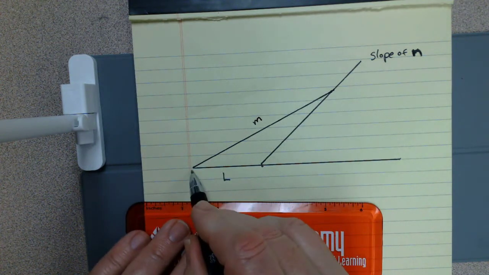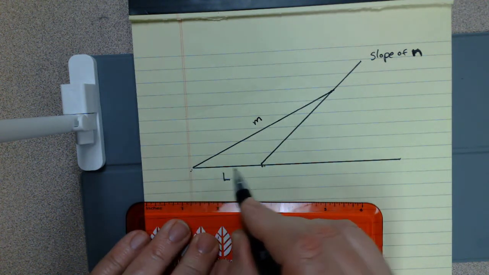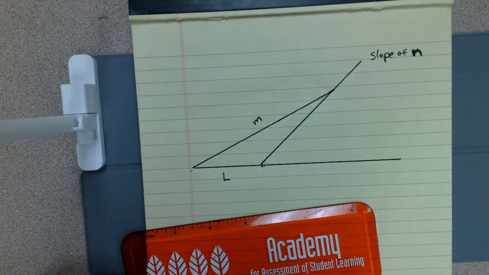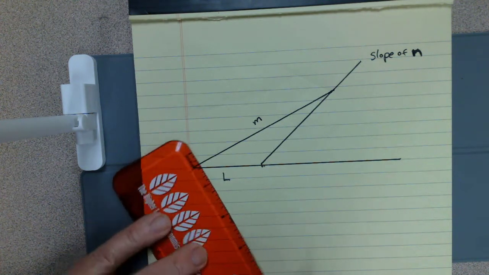Okay, and we're going to say the overhang here again is L. And so now I've just drawn geometric objects, but it's time for me to think about what I'm going to do.